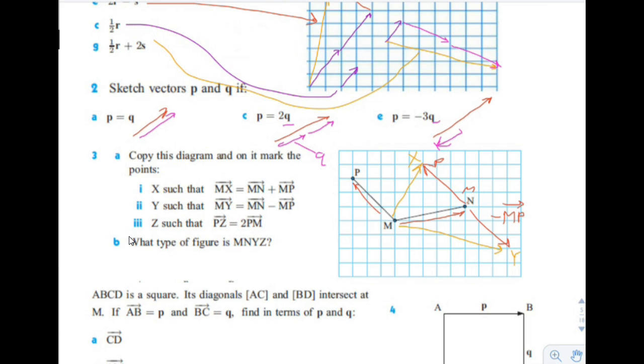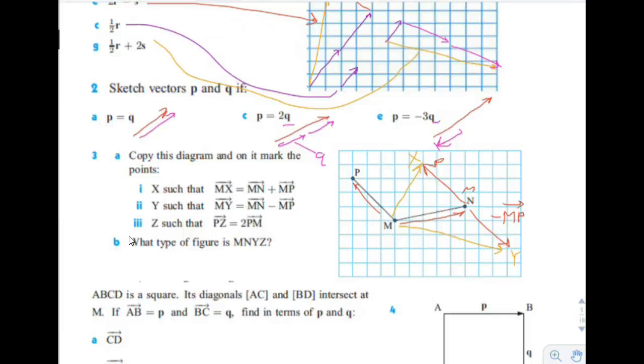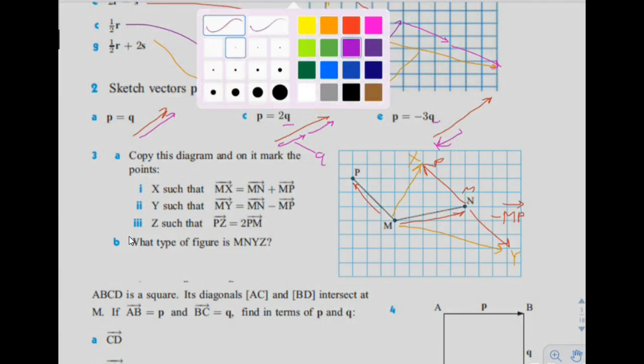And mark z such that pz equals 2 pm. Where's pm? So pm is in this direction.